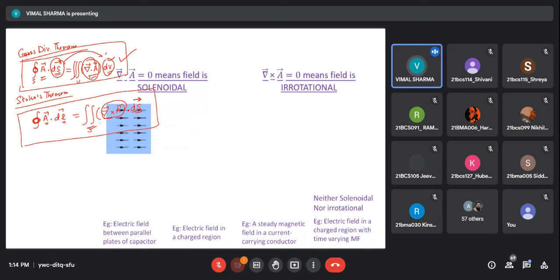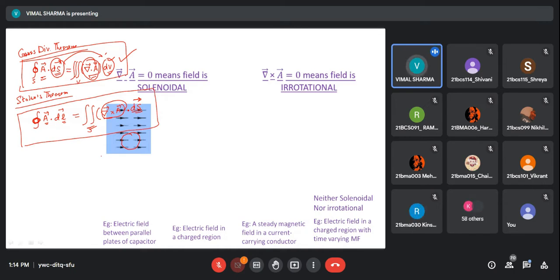And what about divergence of this field? Can we see divergence? Zero. There is zero divergence. Why zero divergence? Because if you draw any closed surface, you can see that inward flux is equal to outward flux.